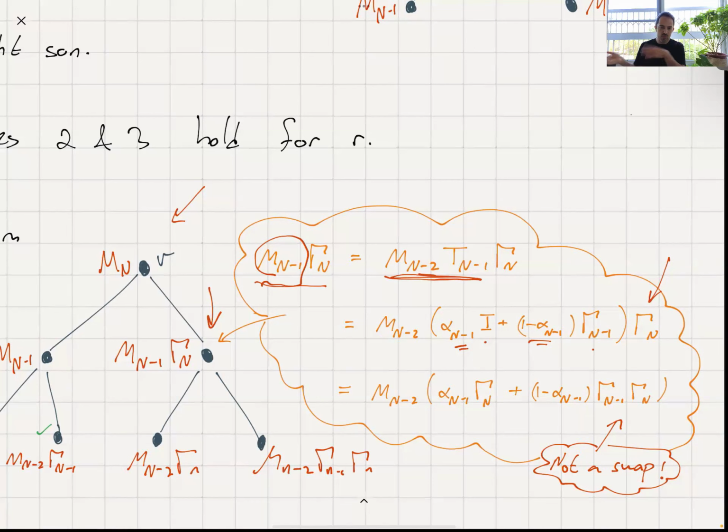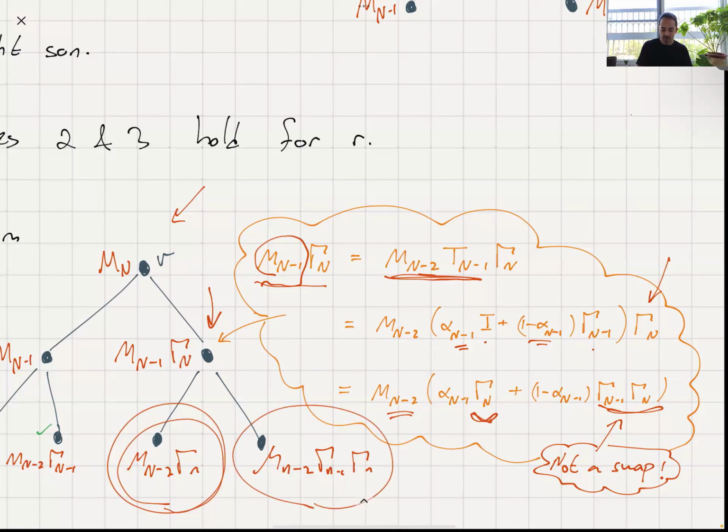And if you want, you can put the gamma n inside. So we get m n minus 2. And then you have a convex combination between gamma n and gamma n minus 1 gamma n. So you might say, maybe I should put m n minus 2 gamma n on the left side, and m n minus 2 times gamma n minus 1 times gamma n on the right side.